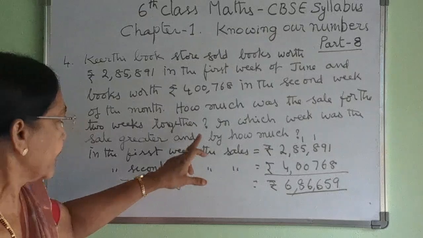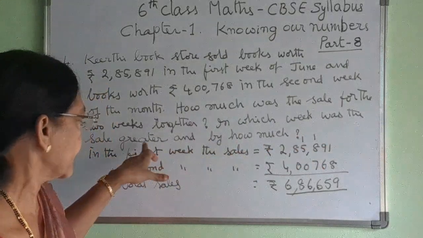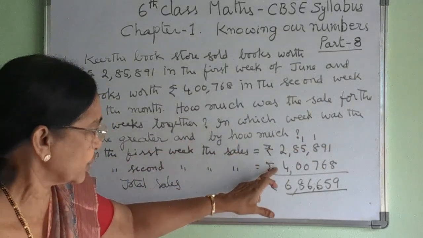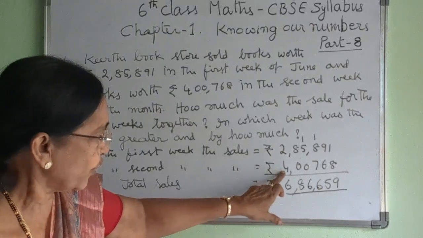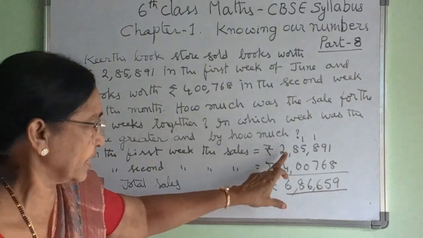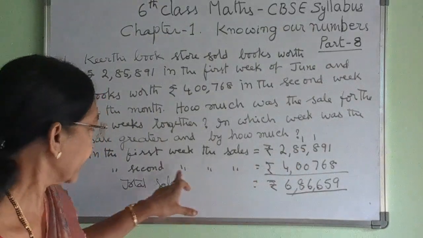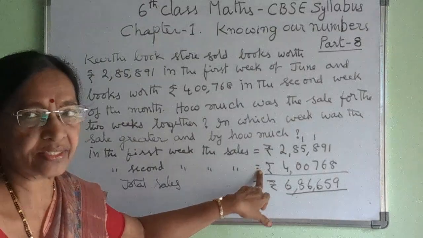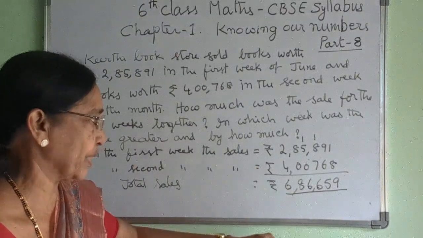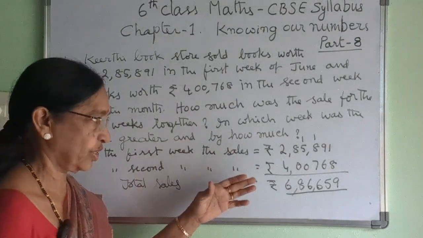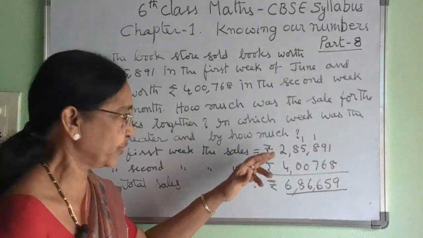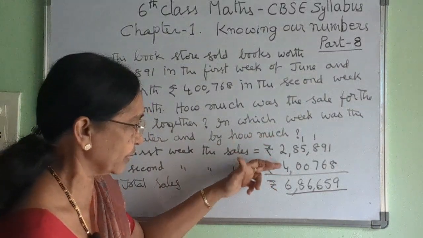Next question, in which week was the sale greater? In these two sales, 4 lakhs is greater than 2 lakhs and 85,000. Therefore, in the second week, the sales is greater. And how much? To get how much it is greater, we have to take the difference between these two.